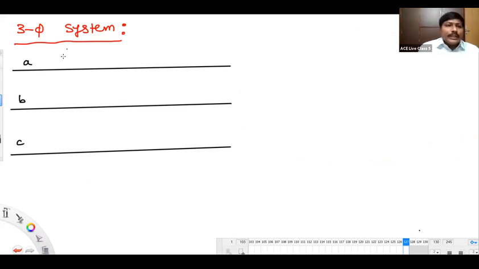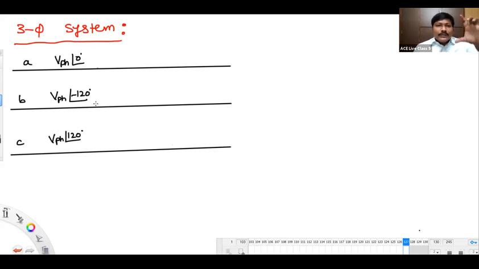Voltages, I will tell you. First one, V phase at an angle 0 degree. Second one, V phase at an angle minus 120. Third one, V phase at an angle plus 120. Positive sequence. We said already, positive sequence.